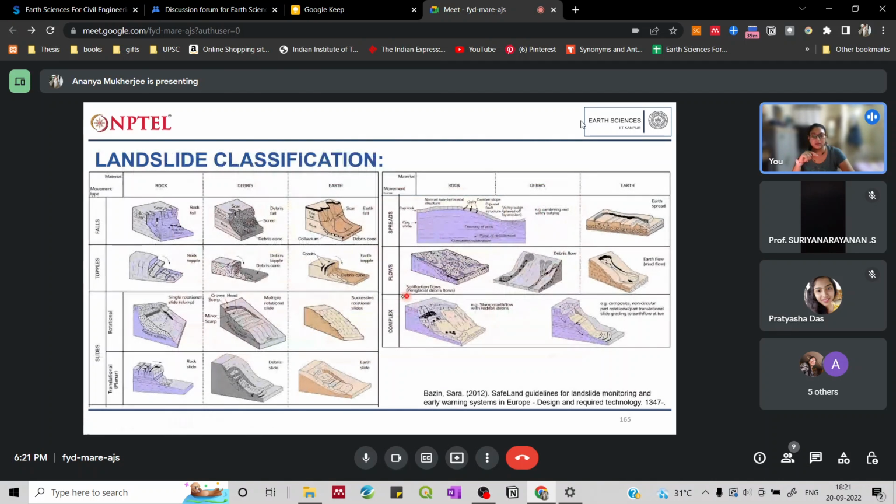Now there are a few classifications. So as you can see, for falls, okay, over here you can see that there is a rock fall, then there is a debris fall, and this is the earth fall. Okay, so these are the types of movements that are given on the left hand side, and the top one will tell you the different kinds of material that we are observing at that area.